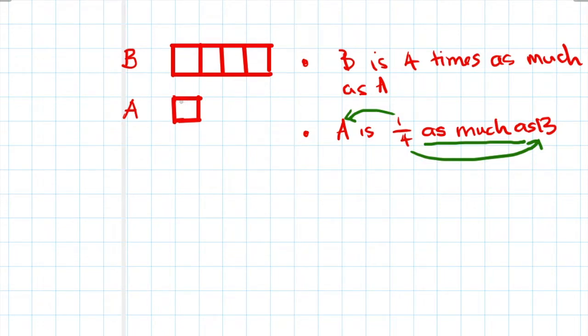So when you draw the model, it's still the same. When I say B is 4 times as much as A, A is 1 cube, B is 4 cubes. So when I say A is 1/4 as much as B, when you see "as much as", underline it, and then you can see this is how you allocate and do your model drawing.